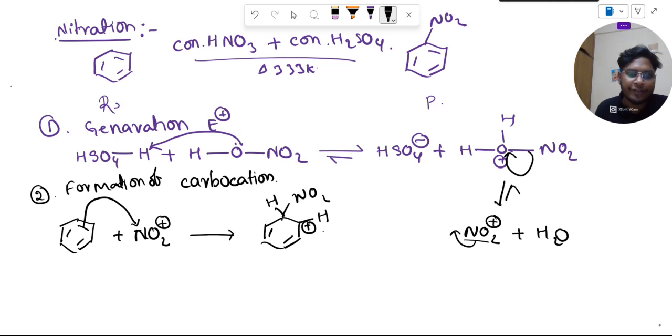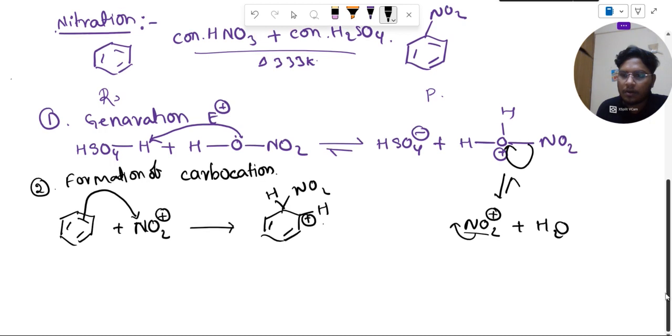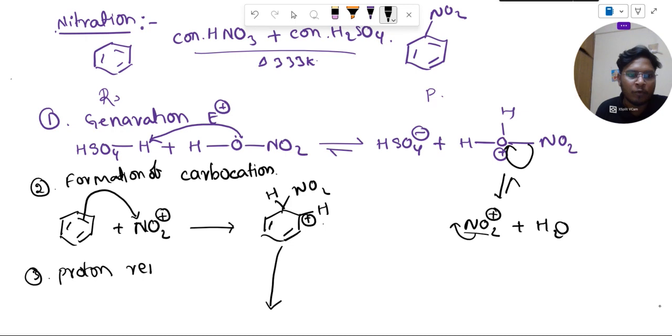That carbocation is on the benzene ring, so this step is focused on the formation of a carbocation. And after the formation of the carbocation, the third step is proton removal, and this proton removal takes place after the formation of the carbocation.